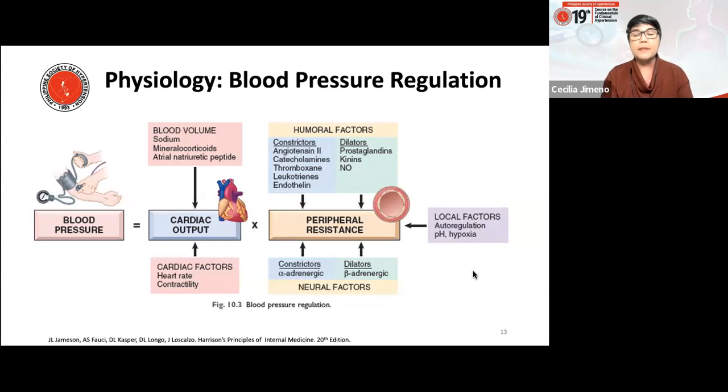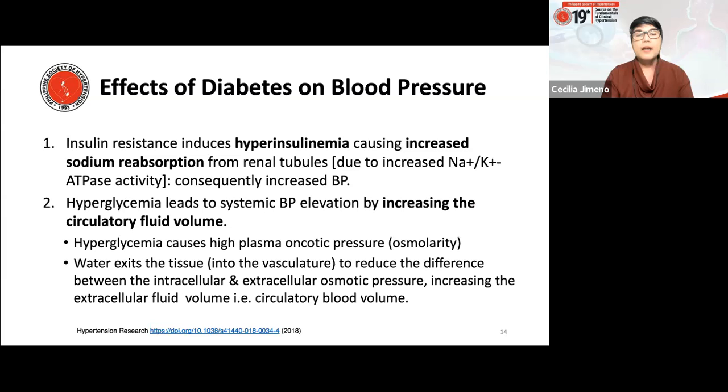So please keep this in mind as we move on and talk about how hyperglycemia and insulin resistance affect our blood pressure. So insulin resistance, like I said, induces hyperinsulinemia.